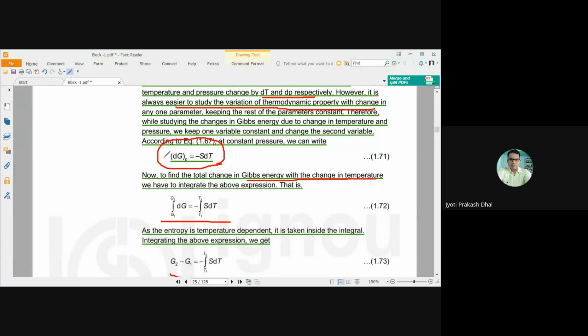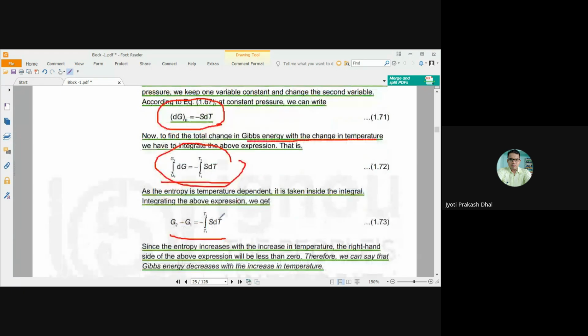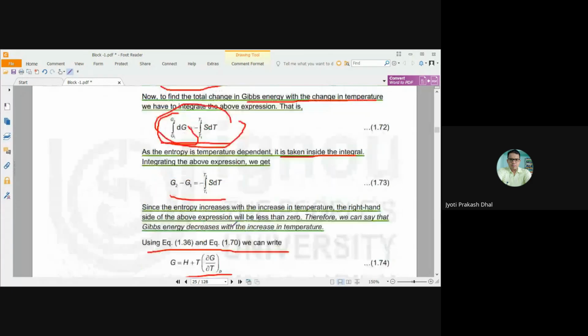As entropy is temperature dependent and not constant, it has to be kept inside the integral. So the left hand side gives G2 minus G1 equals minus the integral of S dT from T1 to T2.